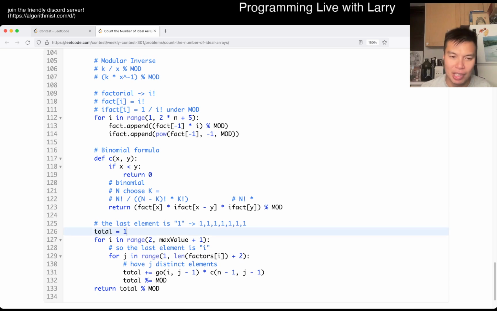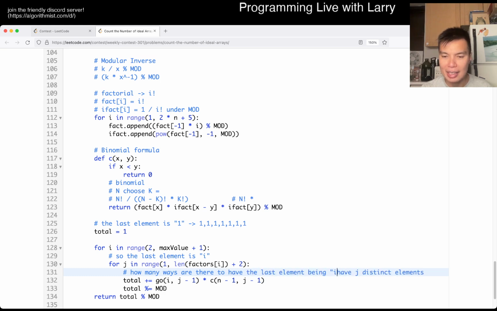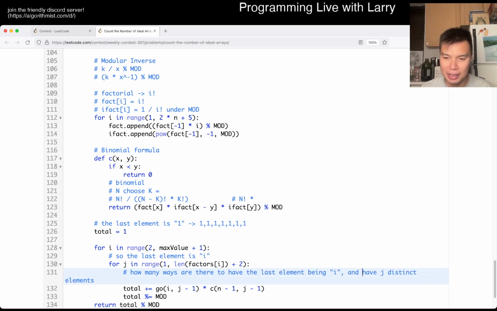So this is why total is 1. So the last element is I, is what I have here. And here we have, how many ways are there to have the last element being I and have j distinct elements in the sequence?